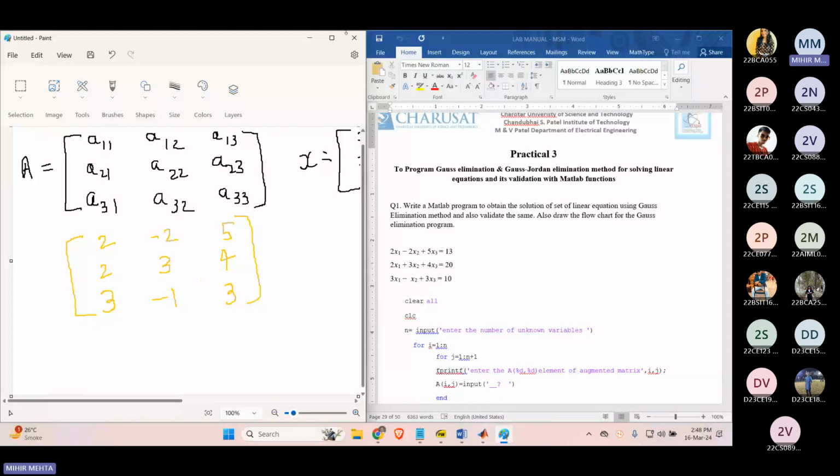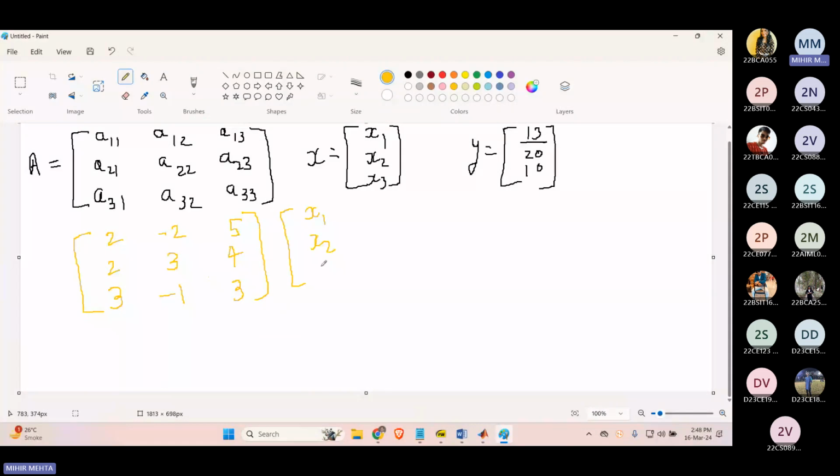This multiplied with my x1, x2, and x3 would give me the same output as Y, that is 13, 20, and 10.